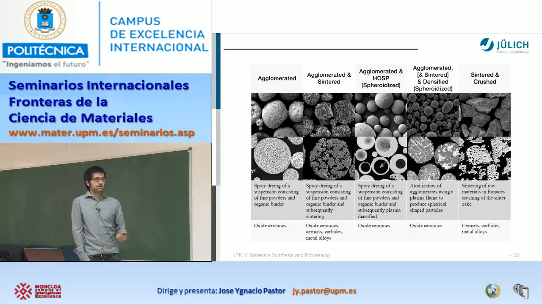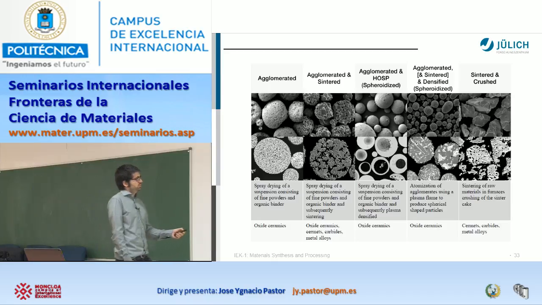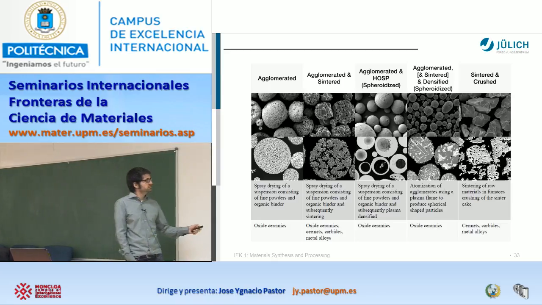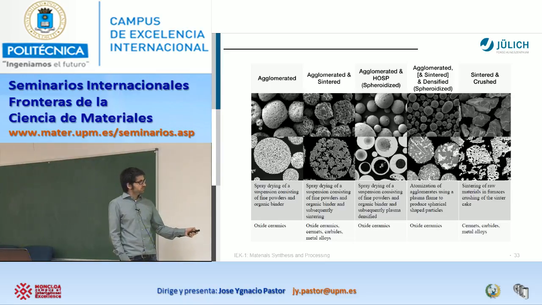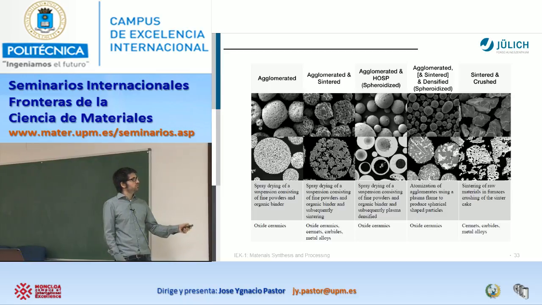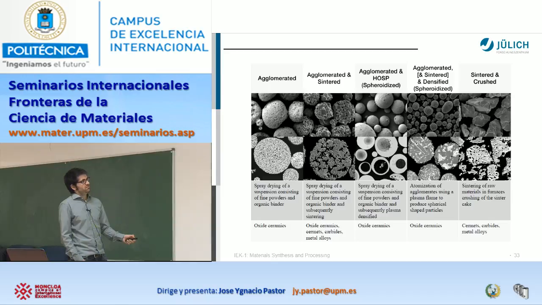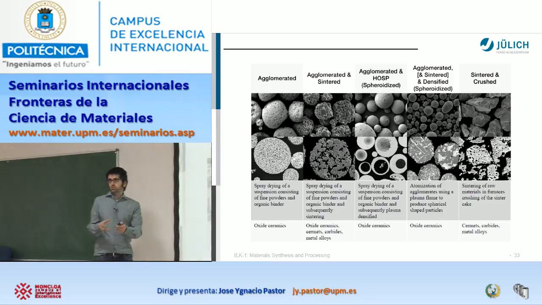You can play a lot and focus on what you want. You can have within a sphere an agglomerate of several particles. For example, this looks like one particle, but it's not. There are thousands or millions of particles creating this agglomerate. They can also be agglomerated and start the densification, so it looks more like these small particles have started to grow.